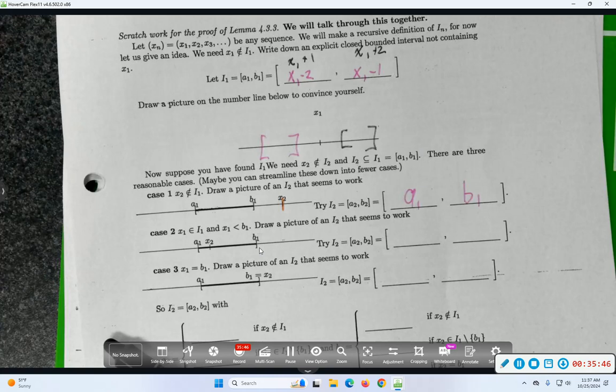Can you come up with a subset of that which does not contain x1? I suggest starting by drawing a picture. And then figuring out some numbers that'll make it work.